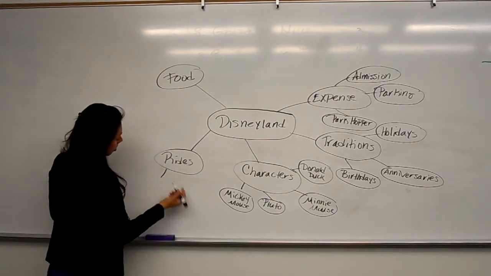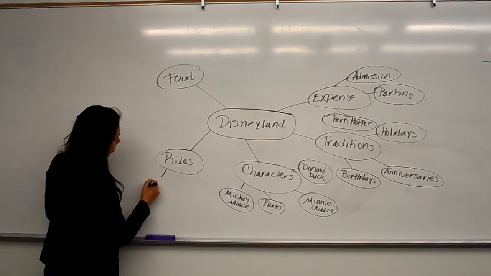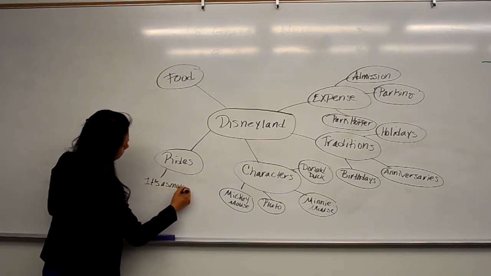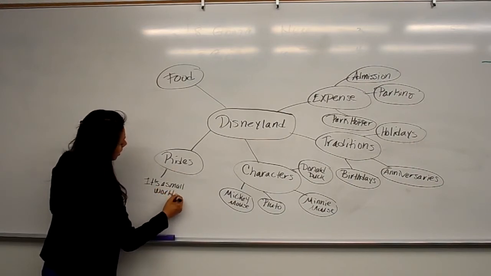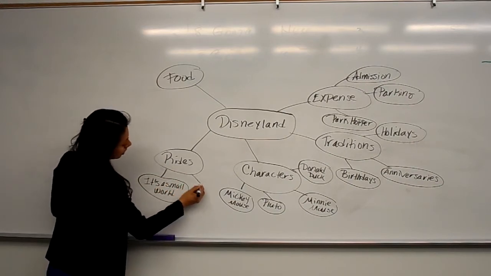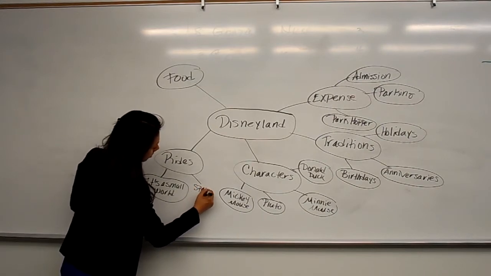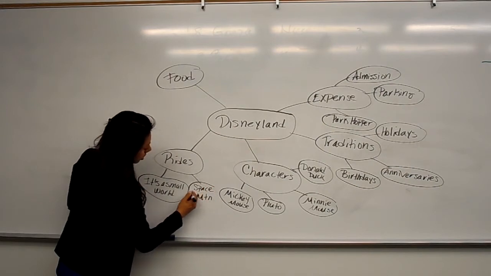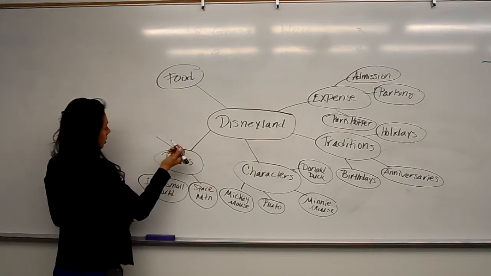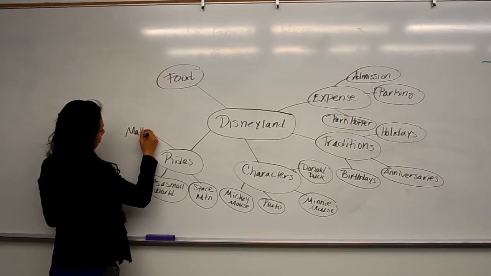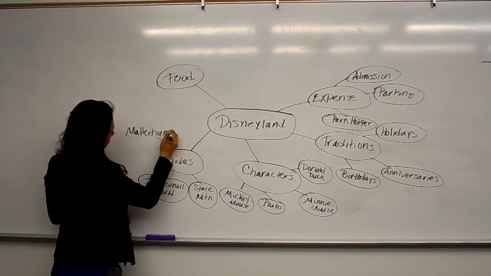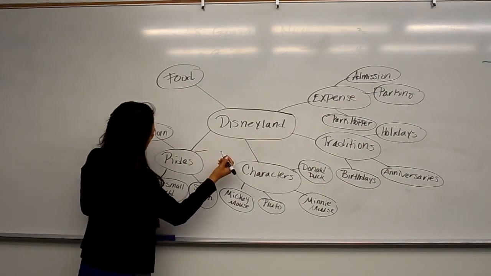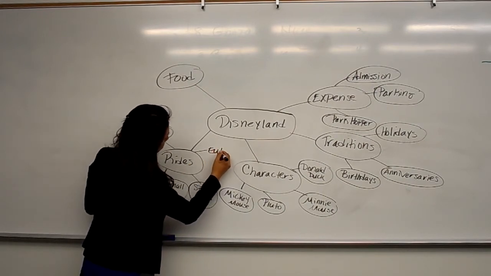We go to rides. One of the most popular ones, It's a Small World, for children. Although I think adults like it just as much. Then we have Space Mountain for the thrill seekers. And then you have an oldie but a goodie, the Matterhorn. And a new one is, I think it's Utopia.